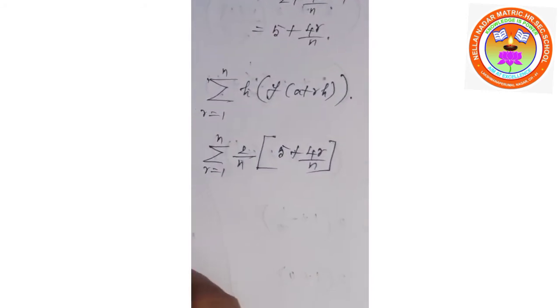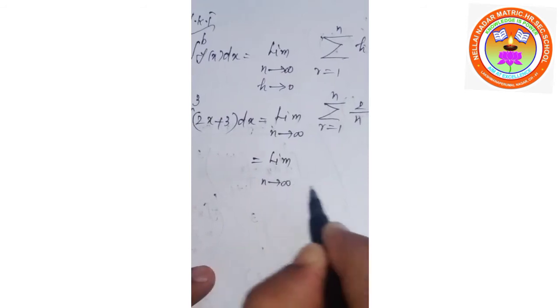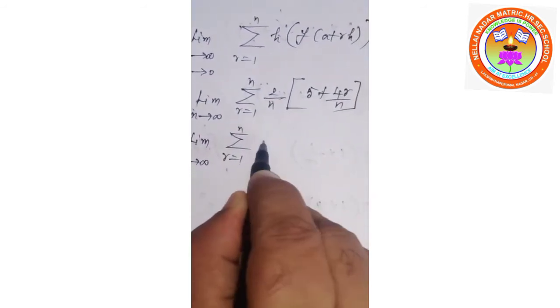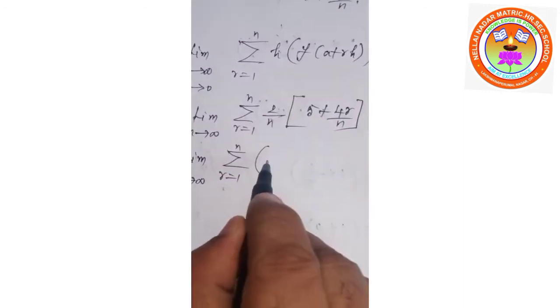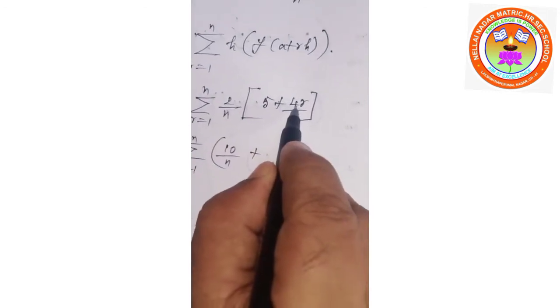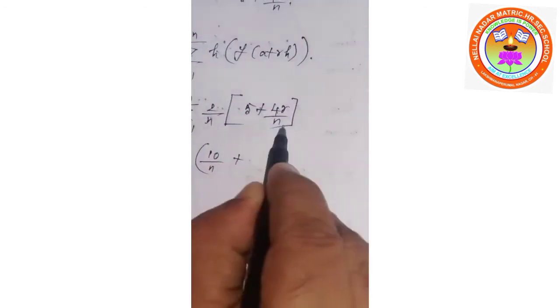Equals limit n tends to infinity, sigma r equals 1 to n, multiply 2 fives are 10, 10 by n, plus 2 fours are 8, 8r by n squared.